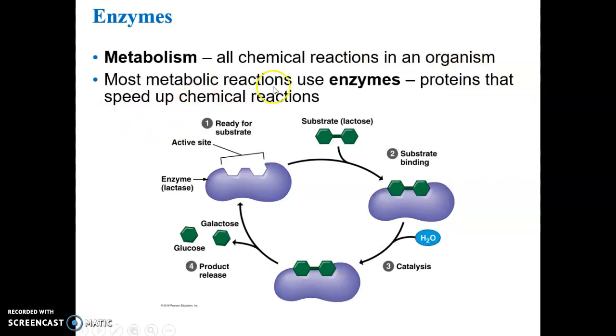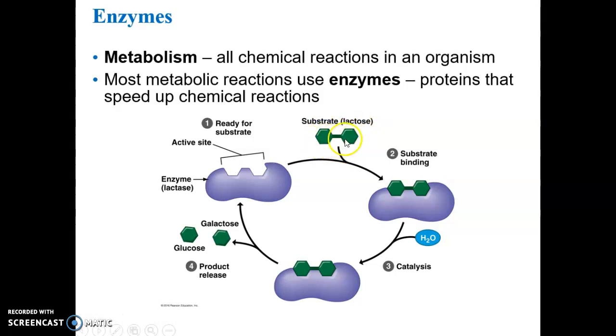So most metabolic reactions utilize enzymes, and these are special proteins, and their special function is to speed up how fast the chemical reactions are occurring. You can think of an enzyme as a really boring factory worker, but a factory worker that's super efficient and super fast. In the example here, milk sugar, something called lactose, is a disaccharide, right?